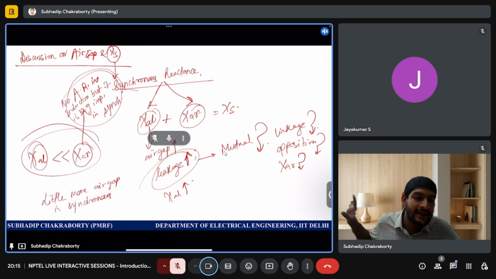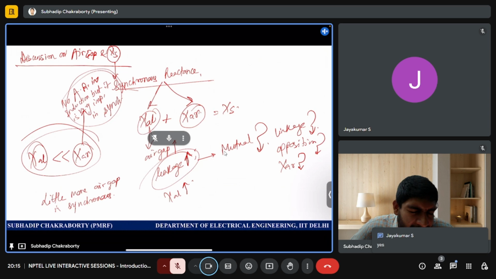More flux cutting, more EMF induced in the rotor, more current getting induced in the rotor, more torque, right? We wanted more torque in the induction machine. But why are we sacrificing with a slightly lesser linkage, sacrificing some phenomenon in the synchronous machine?